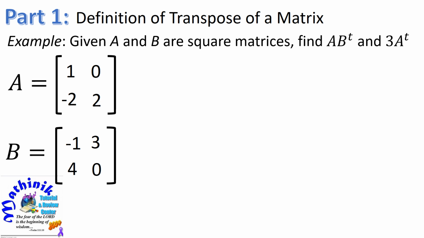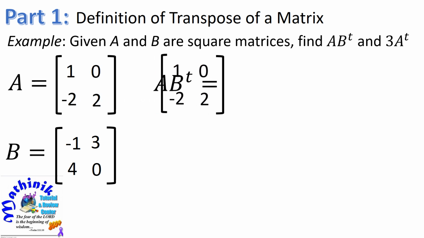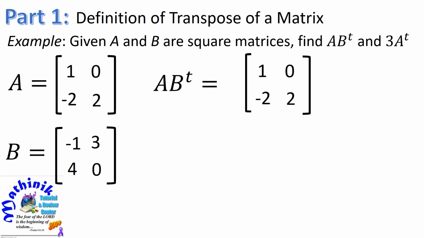Let's start finding the product A times B transpose. By that, we're going to just rewrite matrix A and then multiply this by the transpose of B. Let's start with the first column of B. That will be the first row of B transpose. So we have negative 1, 4.